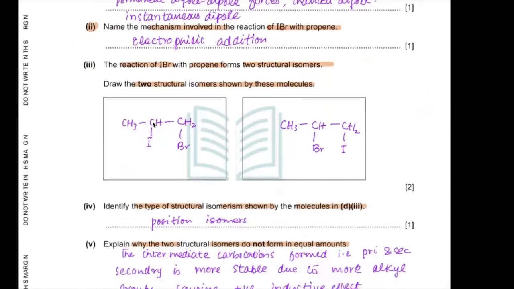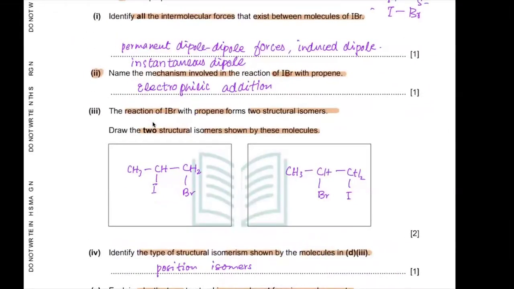Okay. Now if you see, this is actually made from CH3CH=CH2. So in one case, we get the positive carbocation over here, and in the other case the carbocation would be over here. But this one is the secondary carbocation and this one is a primary carbocation.